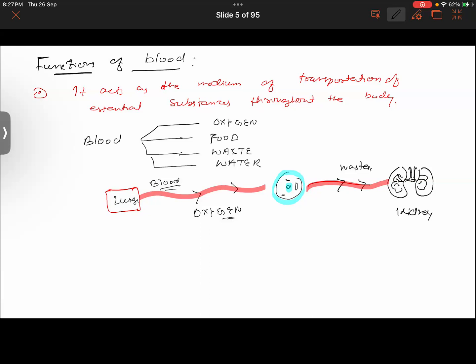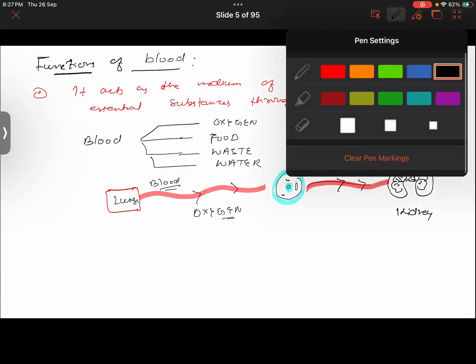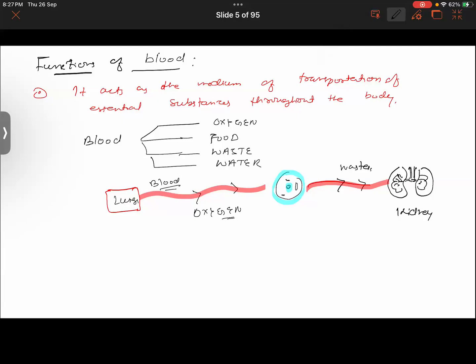That is one thing. Furthermore, talking about the food, we have the organ small intestine, where the complete digestion of food takes place. So the blood will be absorbing the nutrients from the small intestine. Look at the arrows.